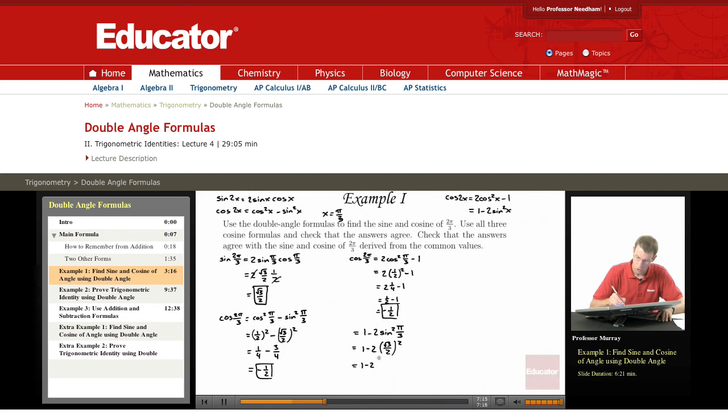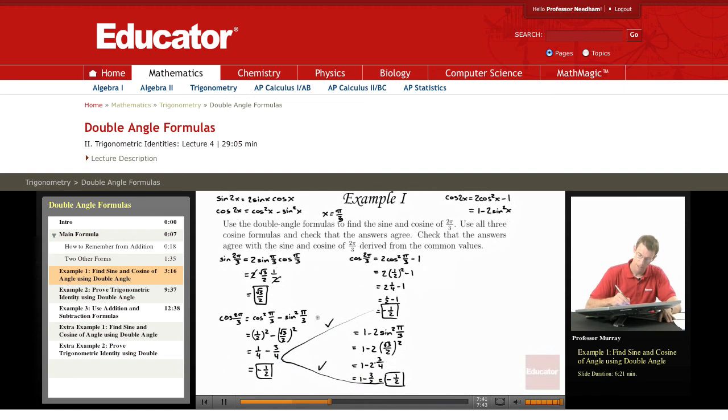That's 1 minus 2 times root 3 squared is 3, and 2 squared is 4, so 3/4. So that's 1 minus 3/2, negative 1/2. So the first thing we notice is that these 3 different formulas for cosine of 2x, they all gave us the answer negative 1/2. So they do check with each other.